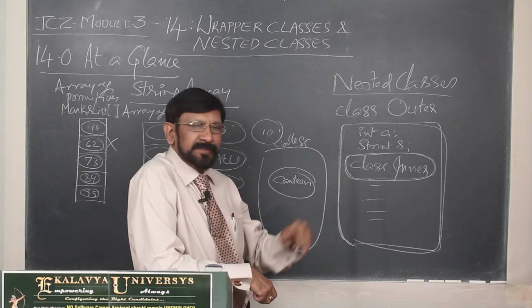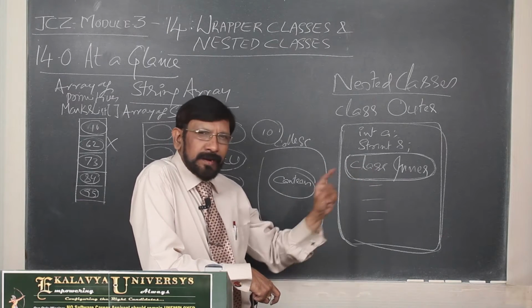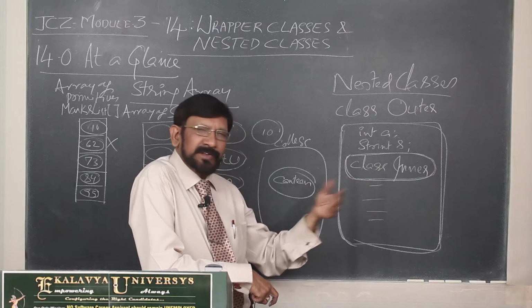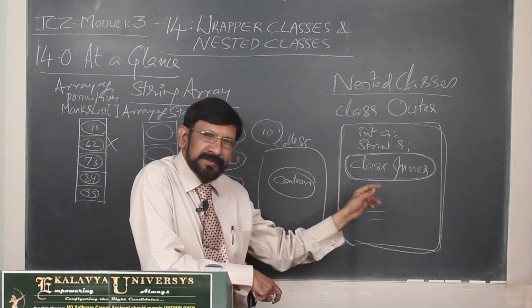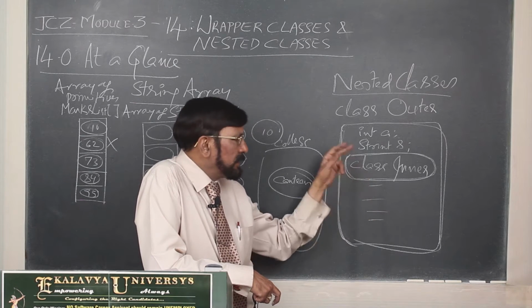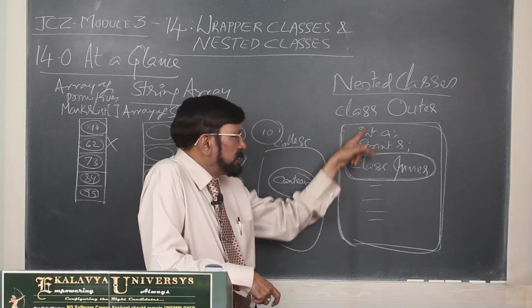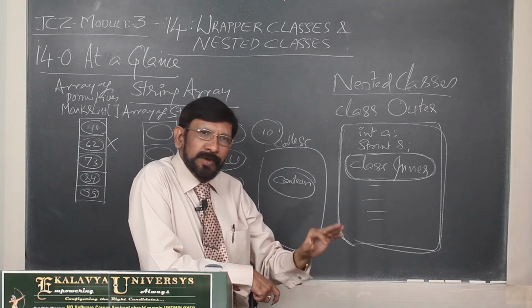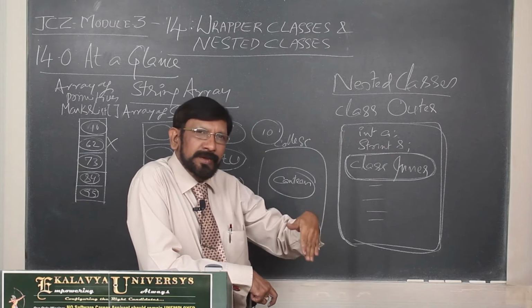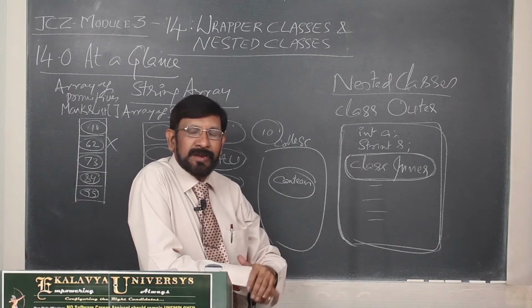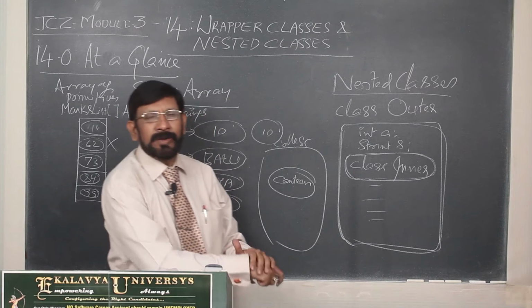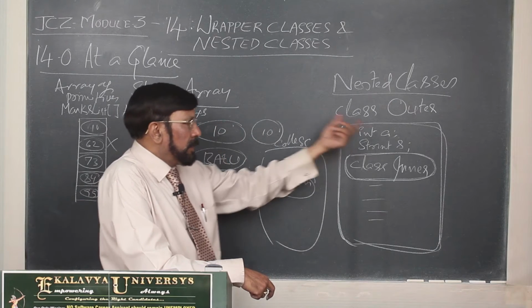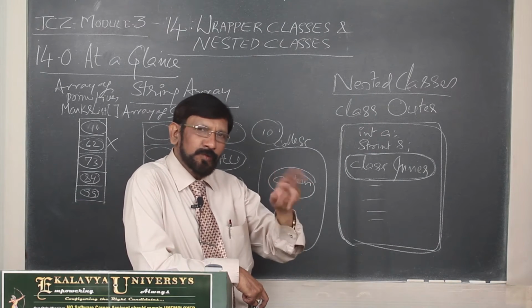Now, if you consider this inner class, it is enjoying dual status. One is, by itself it is a class. And at the same time, it is also treated as a member of the outer class. So, one way we have to treat it as a class, other way we have to treat it as a member of the class. And one more important point I have to tell you: as far as fields are concerned, you can find two types of fields.